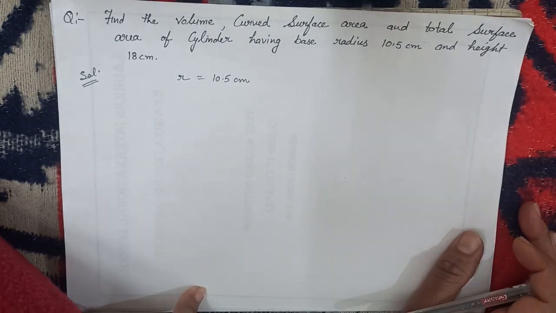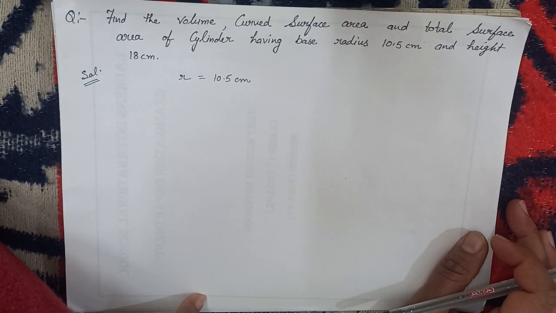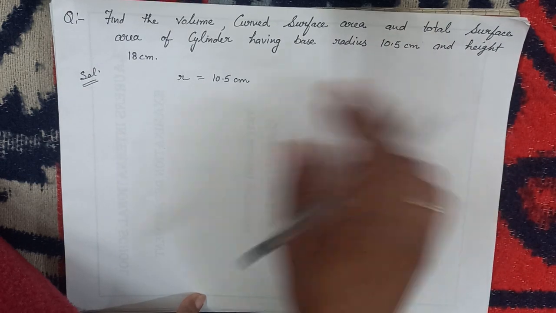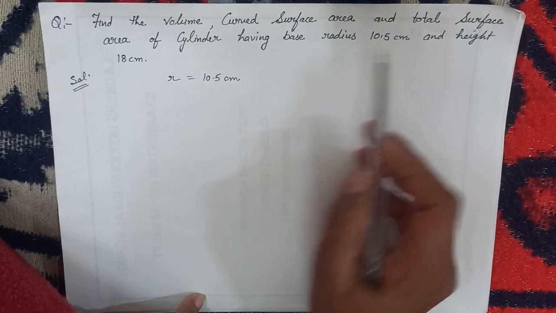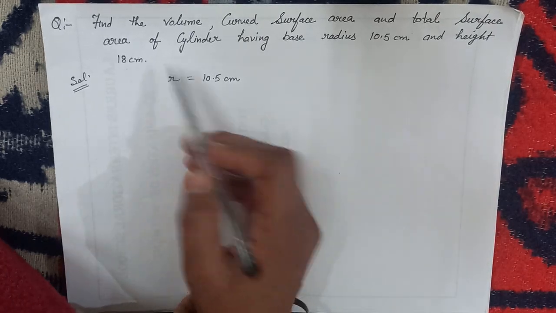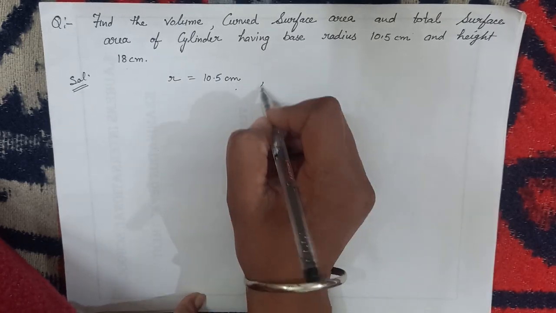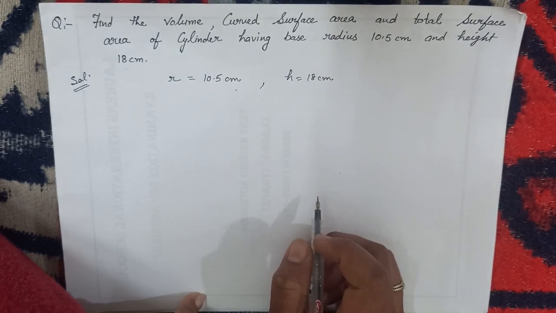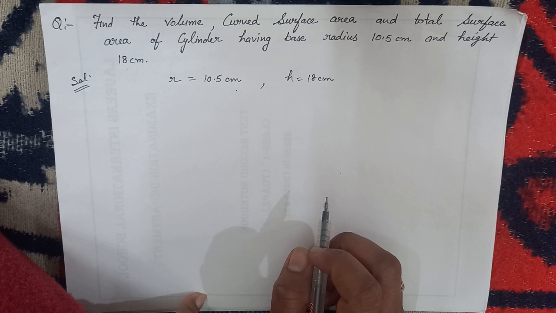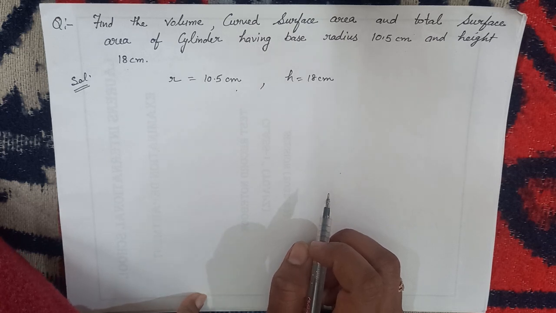As we discussed in a previous video, we need to check whether our units are the same or not. Okay ji, so their units are the same, 10.5 centimeters and 18 centimeters. That radius is this and the height is 18 centimeter. So we do not need to change the units, we can directly go with it.